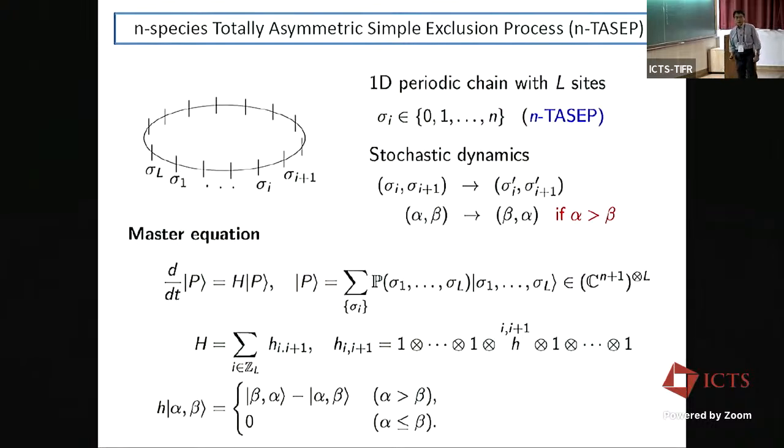It's a continuous time Markov process governed by the master equation of this form, where P is a probability vector. Sigma represents a configuration, and P is the probability that this configuration is taken. And H is a Markov matrix, which is the sum of local terms acting on nearest neighbor sites by this rule.